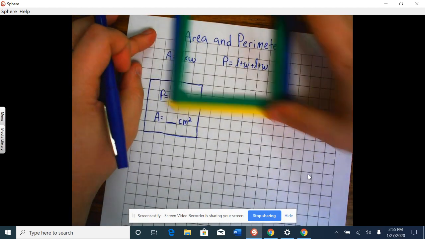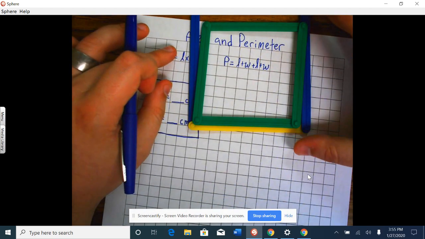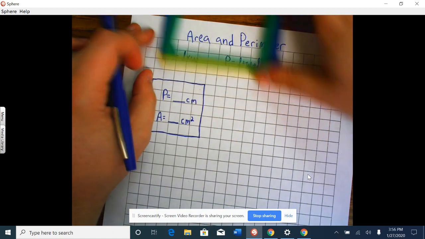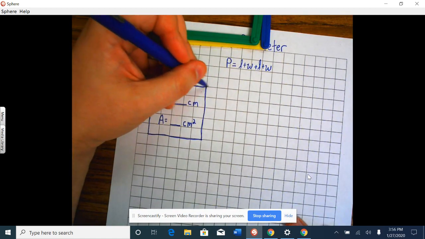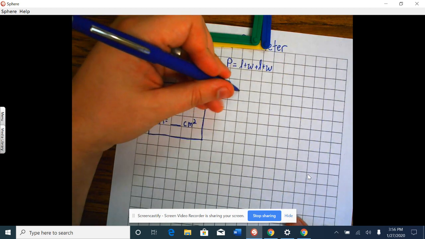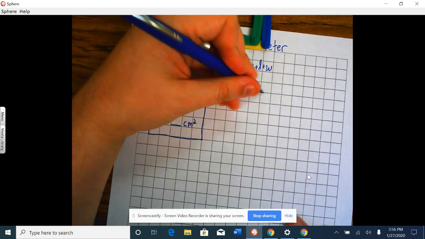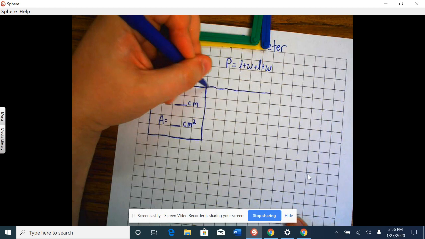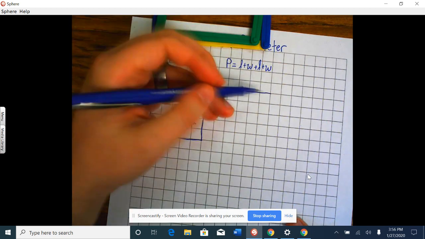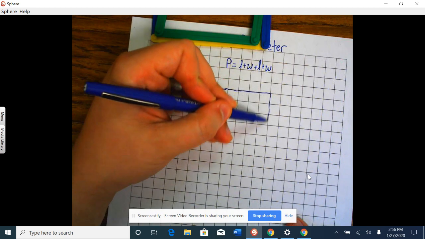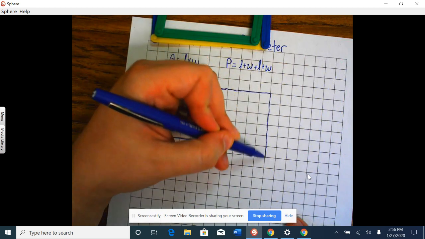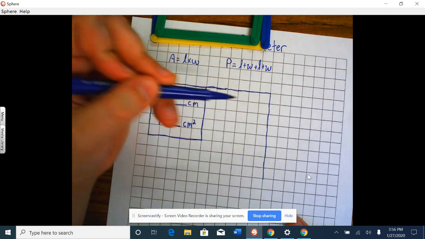And I'm just estimating and saying, well, my rectangle's a little bit bigger there. So maybe I'm going to go over 1, 2, 3, 4, 5, 6. And I want it to be longer in one direction. So let's say I go 1, 2, 3, 4, 5, 6, 7, 8.